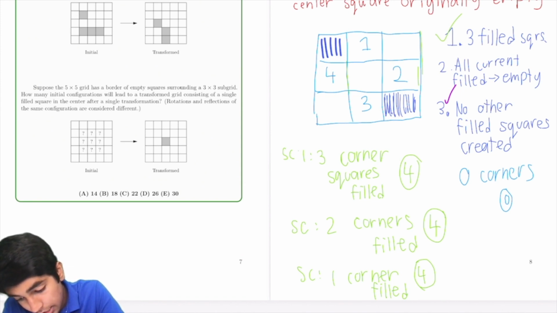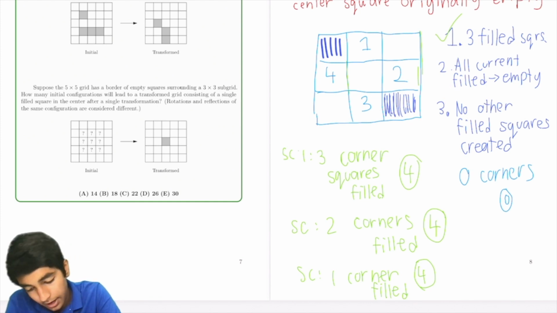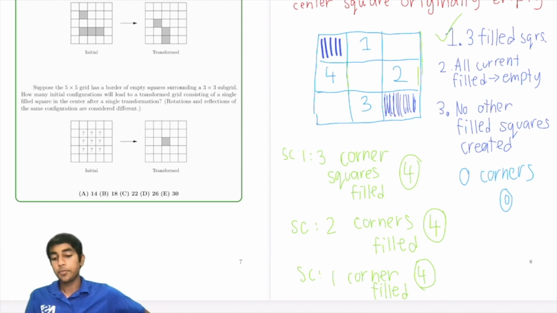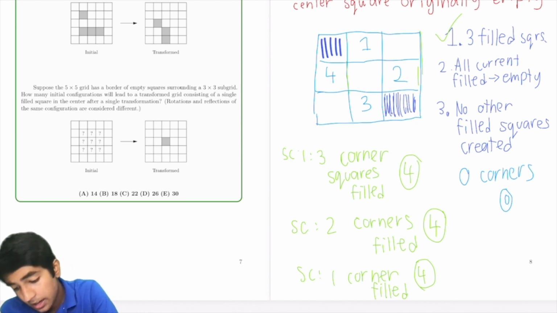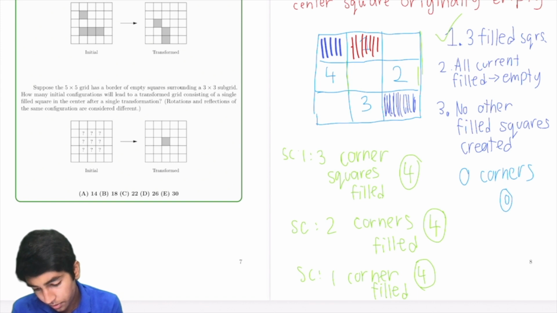Okay, so for this corner case, we check all 3 conditions and see which ones. Well, of course, the first one is auto-satisfied. And let's do our same kind of analysis. So if, let's do it in red. If this square right here is filled, then what are the possibilities for the next square to be filled? Or where there's 2 corners, so there's only going to be 1 square filled.